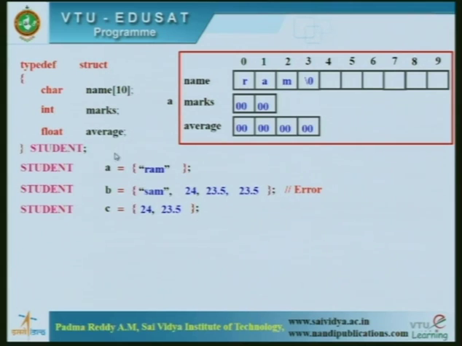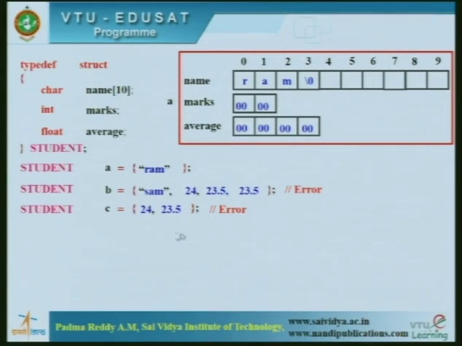Marks field, and this 23.5 should be copied into which field? Average field. But remember, we have not initialized the previous members. So, unless we initialize the previous members, we should not initialize the subsequent members. Okay? So, here it is an error. Even though it is syntactically correct, it is wrong. So, that is the reason I say here it is error.